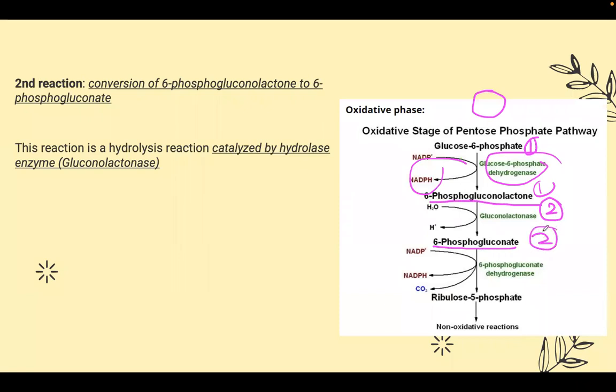This reaction is a hydrolysis reaction catalyzed by your hydrolase enzyme, or what we call the gluconolactonase. May naging hydrolysis reaction po siya kasi nga natanggal yung ating water. Nakikita nyo dun sa product niya on the left side, but the enzyme that helps the reaction is the enzyme on the right side.